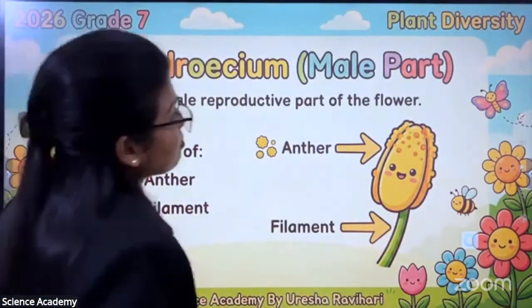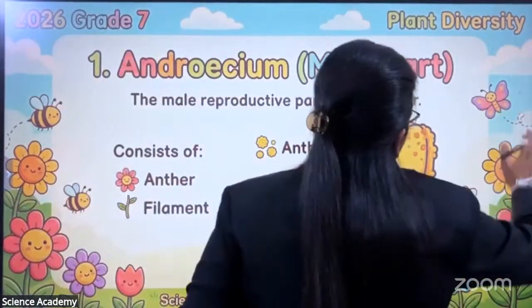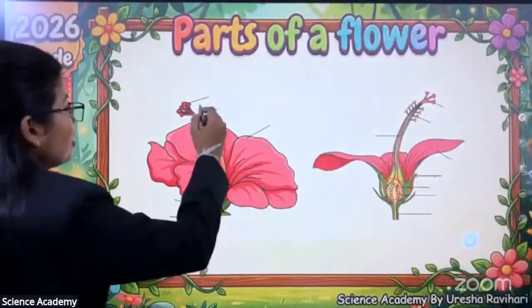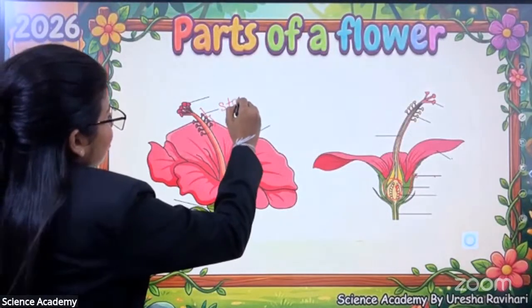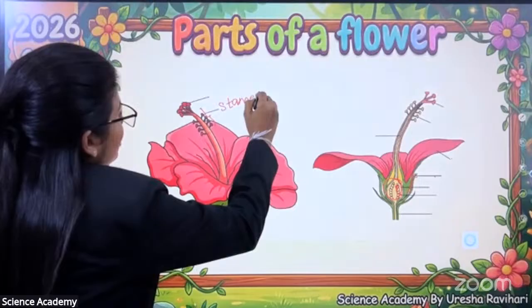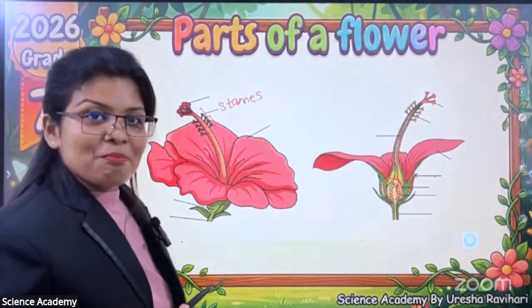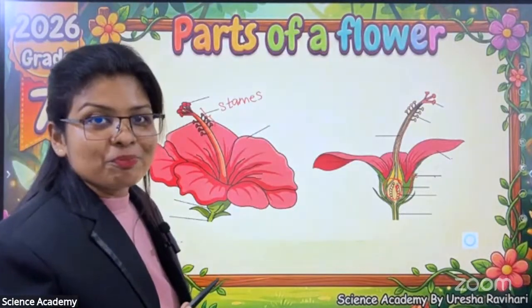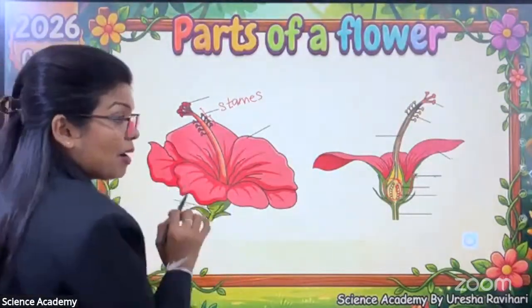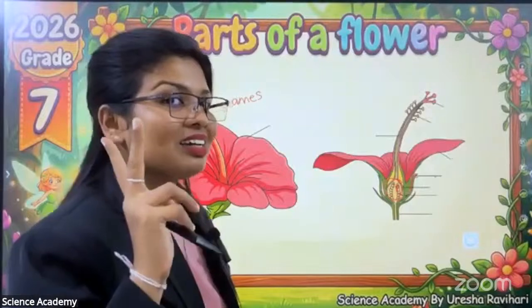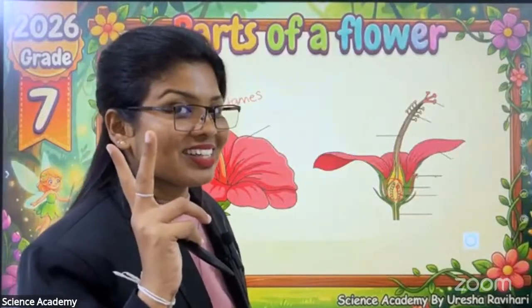If you can remember, in our previous diagram, I showed you these as stamens. Stamens means the male part of the flower. So children, this is the male part. It consists of two male parts.